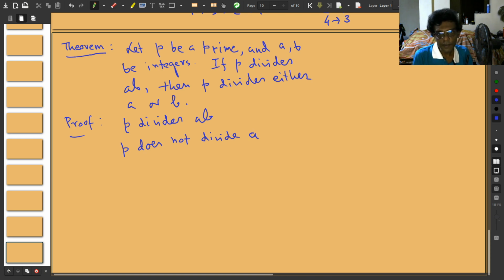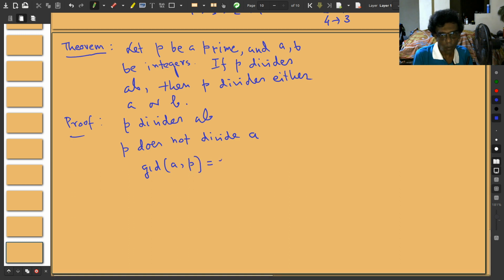A may have many divisors, but P is not among them because P does not divide A. Therefore, it follows that GCD of A and P must be 1.